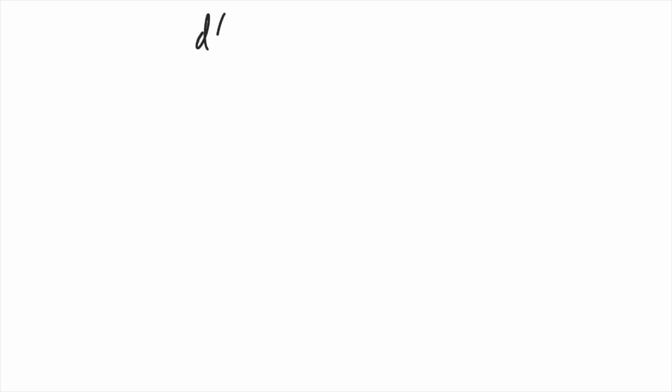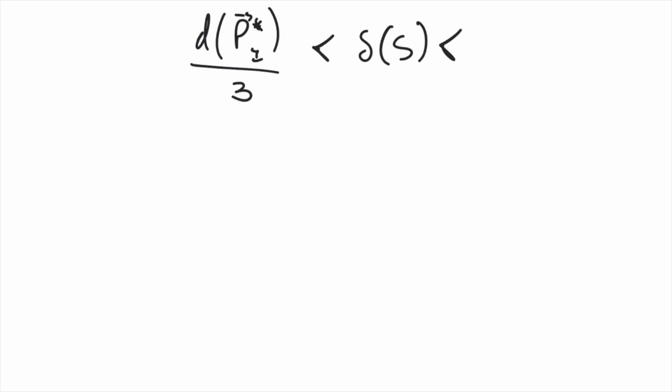We know that d of P star I over 3 is smaller than the minimal distance in our original set. And this distance is at most the distance that we found in the last set.